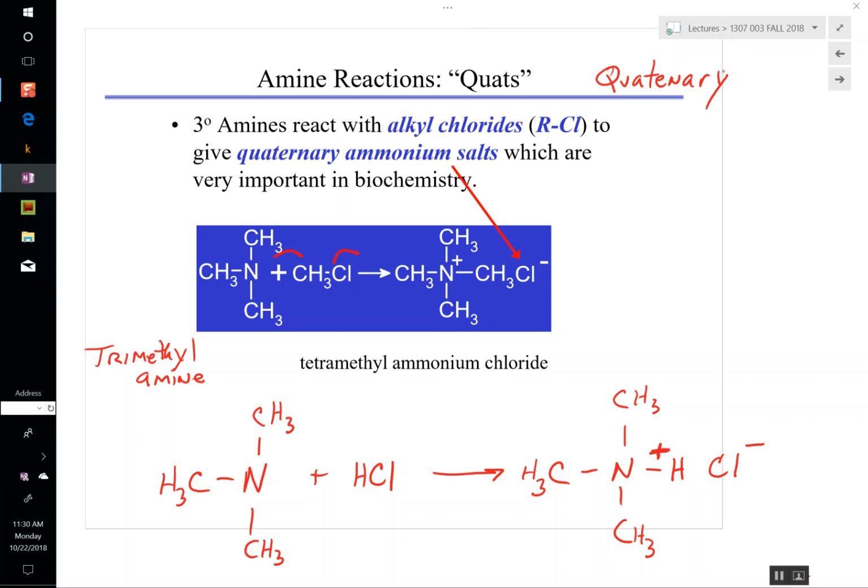These are pretty interesting, and you're going to see some neurotransmitters that are actually quat salts in just a minute. So naturally occurring, your body's making them. They're neurotransmitters, very important molecules, and they're quat salts. So it's good to know.